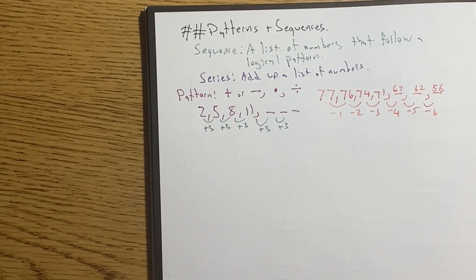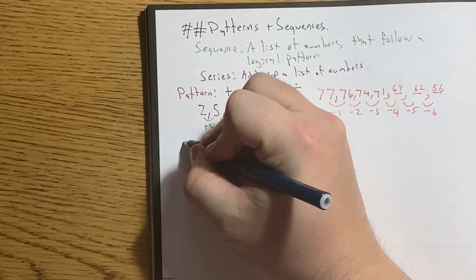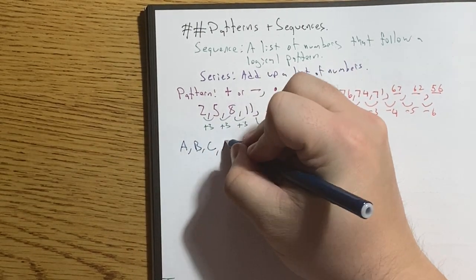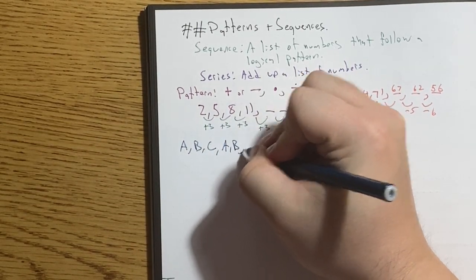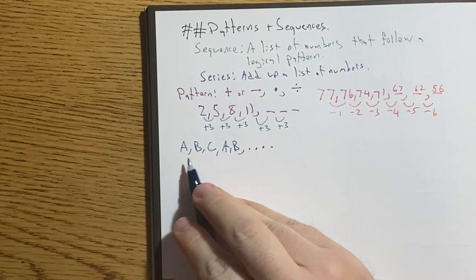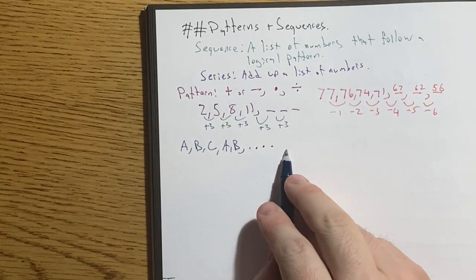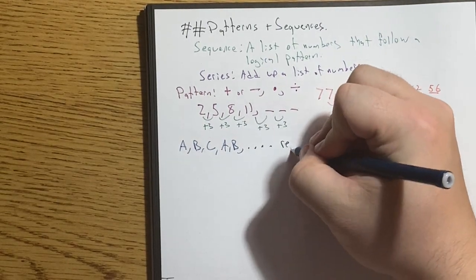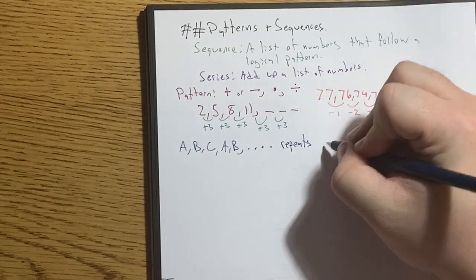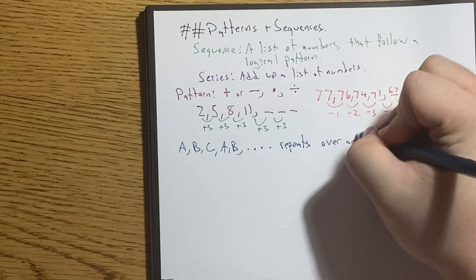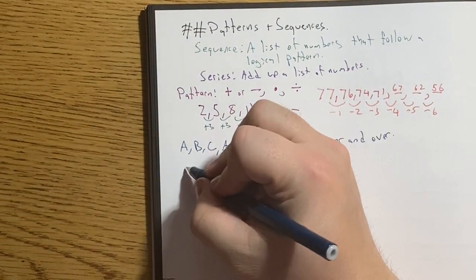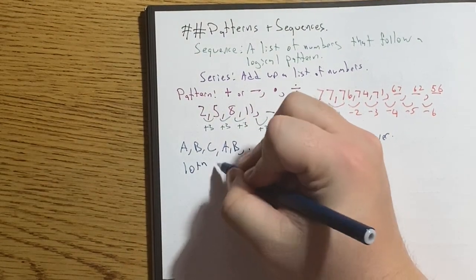The other thing I'm going to make you do with sequences on this first quiz and worksheet is a repeating sequence, meaning it goes ABC, ABC, ABC, ABC. It repeats over and over. I could ask you something like, what is the 10th term?